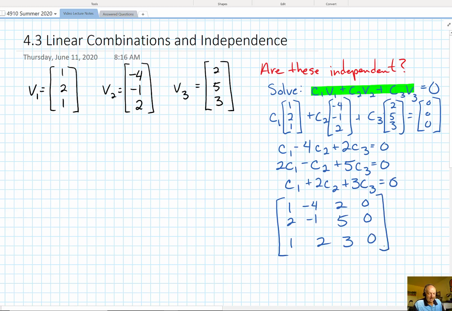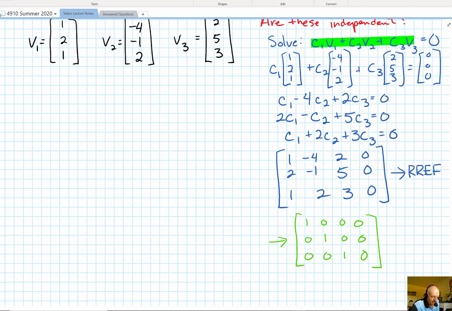Now we need to reduce that. We need to find the RREF of that matrix. And so I threw that in my calculator, and there's the RREF.